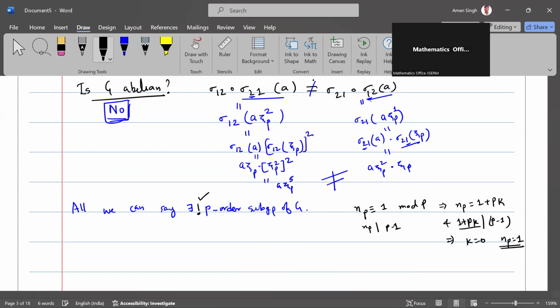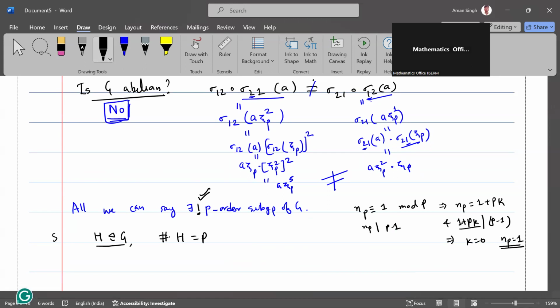So there exists a unique Sylow P subgroup of G. So let's say H is a subgroup of G, the order of H is equal to P, and this is unique, so it is normal.